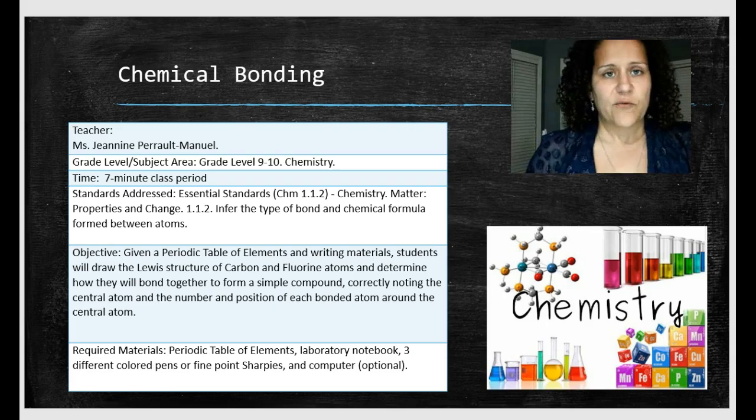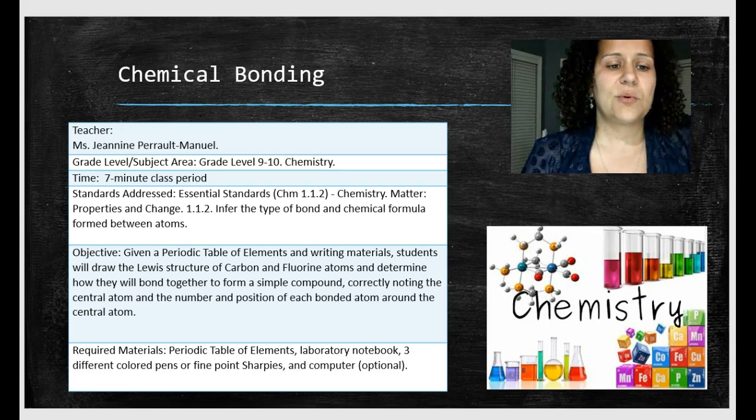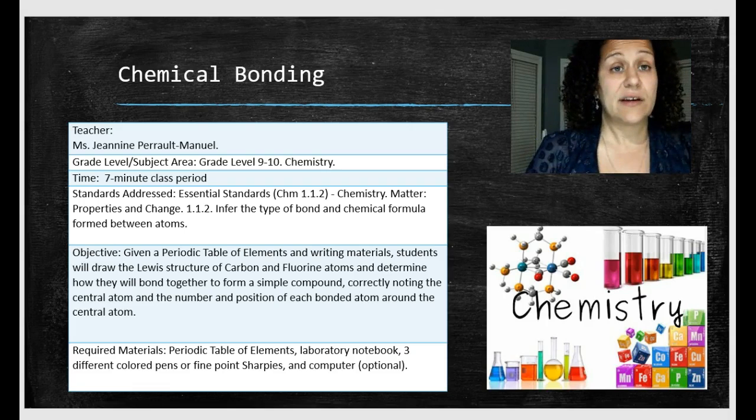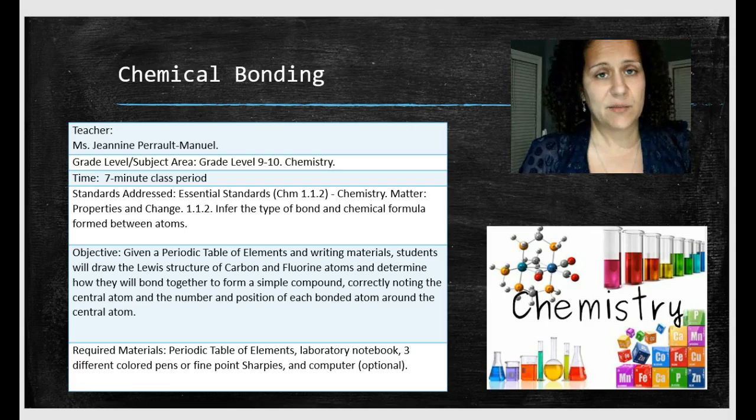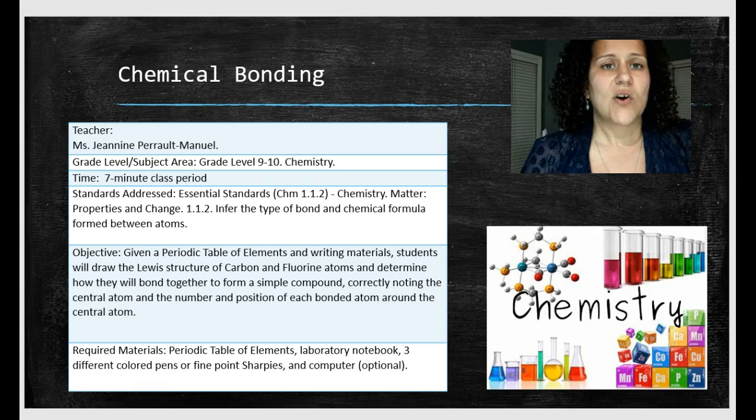So the objective for this class, and you will have to do this at the end of my talk, is to, given a periodic table of elements and writing materials, draw a Lewis structure of carbon and fluorine atoms and determine how they will bond together to form a simple compound.